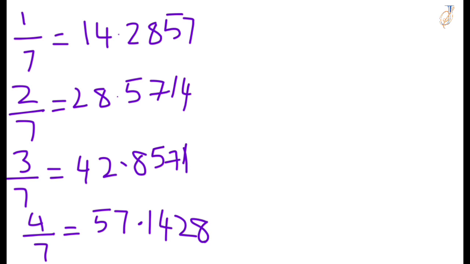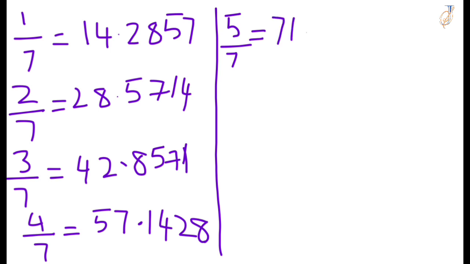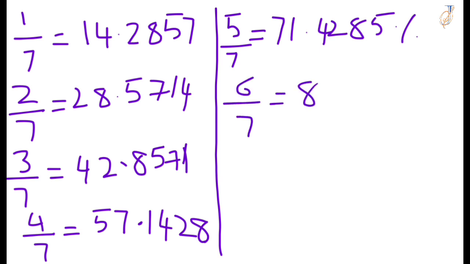These are all percentages. 5 by 7 is equal to 71.4285%. 6 by 7 is equal to 85.7142%.